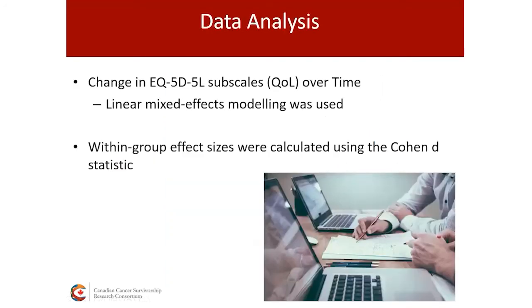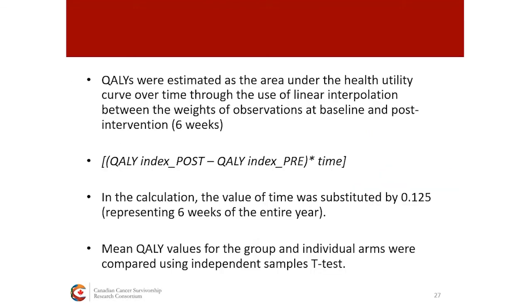We determined the change in quality of life using the EQ5D5L over time across both arms using linear mixed effects modeling. The group sizes were also calculated using the Cohen's d statistic. The quality of life was estimated as the area under the health utility curve over time, which is basically a product of the utility index derived from the EQ5D questionnaire and the time. The time was 6 weeks.